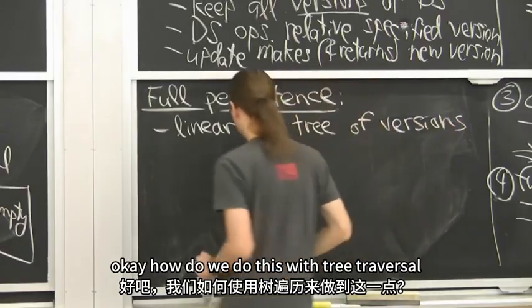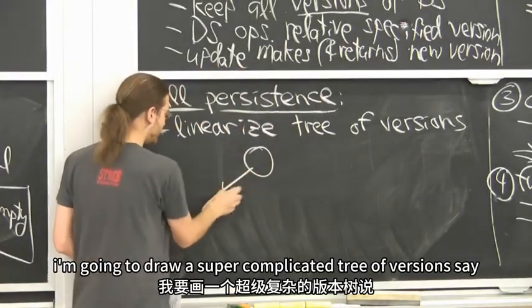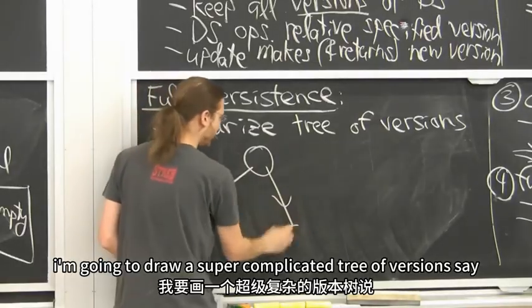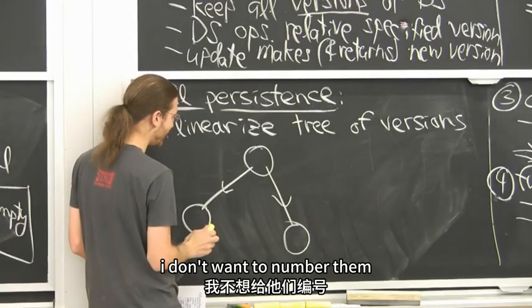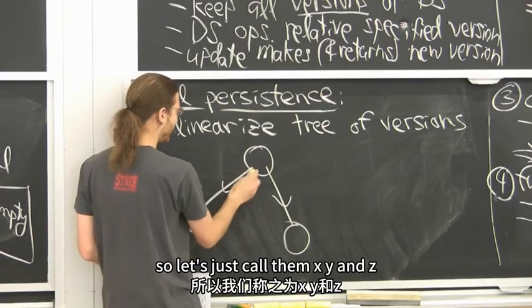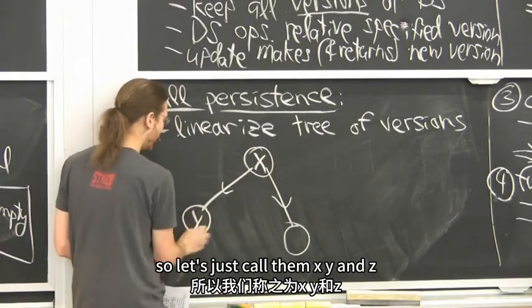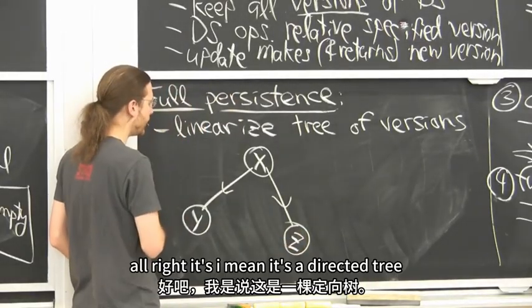Okay, how do we do this? With tree traversal. Okay, imagine I'm going to draw a super complicated tree of versions. Say there are 3 versions. I don't want to number them because that would be kind of begging the question. So let's just call them X, Y, and Z. All right.